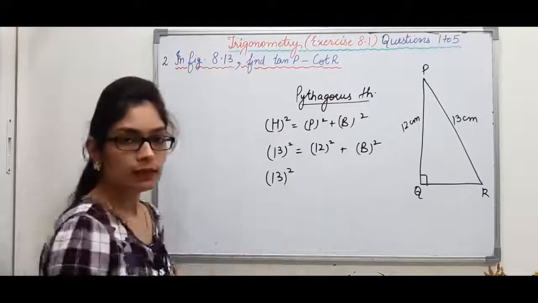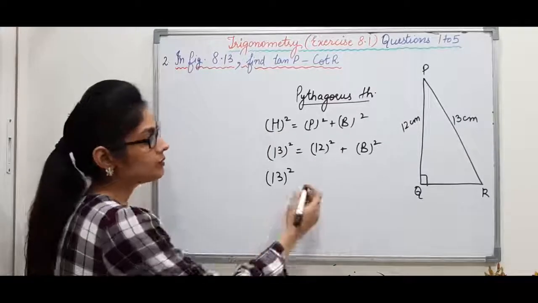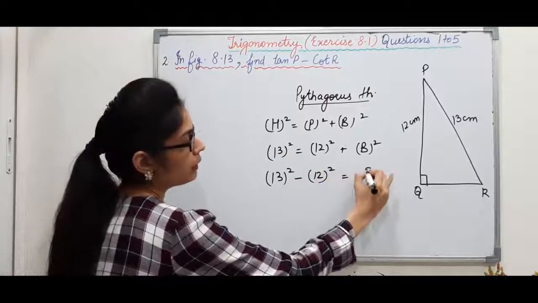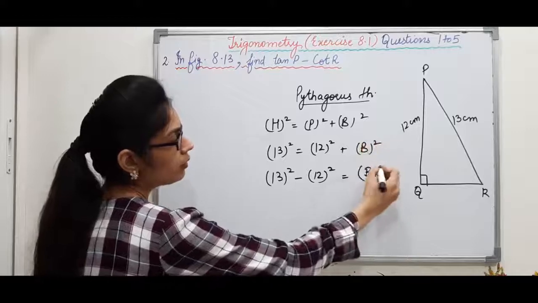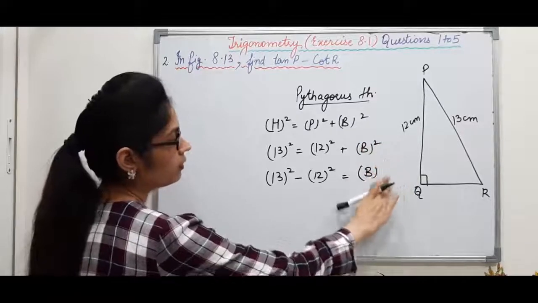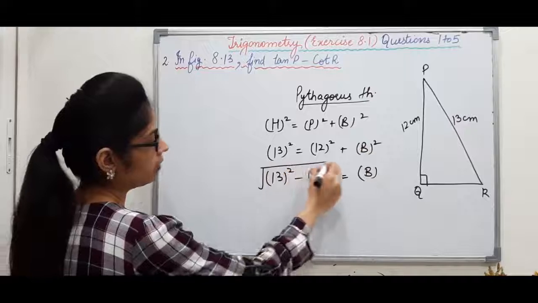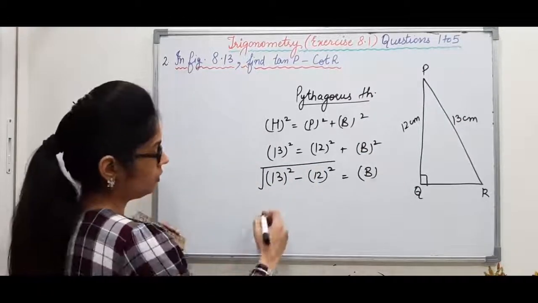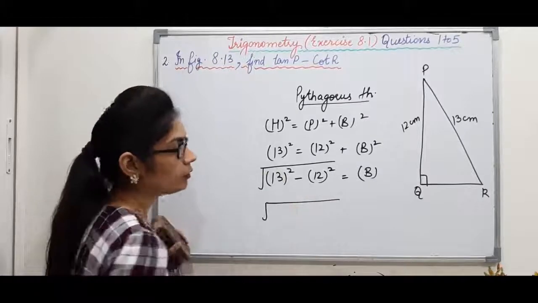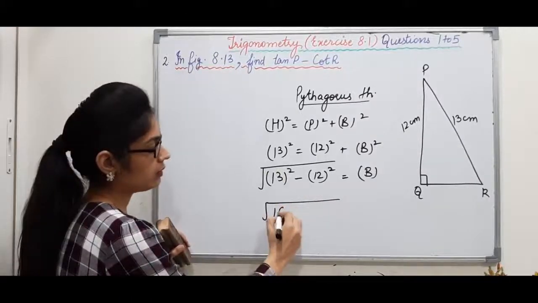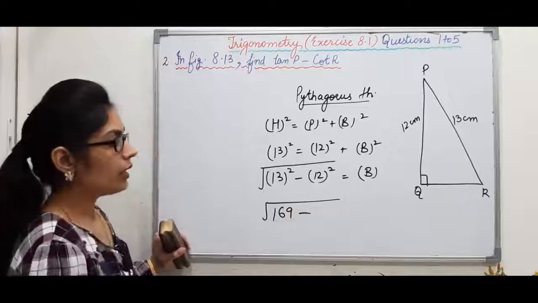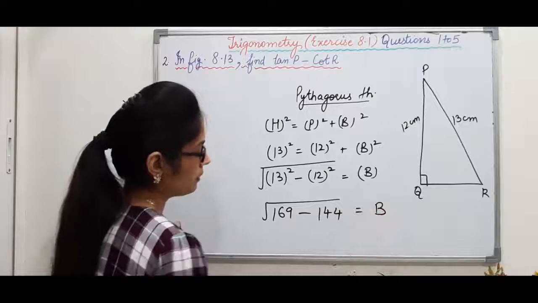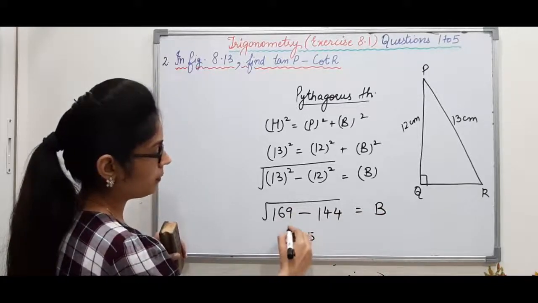So 12 is in positive form, so on changing the side it will be changed into minus 12 square equals base square. This square we will remove from here and on changing the side it will be changed to square root. 13 square, 13 into 13 is 169, minus 12 into 12 is 144, equals base. So let's do the subtraction.